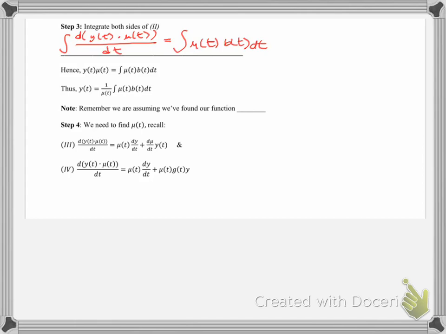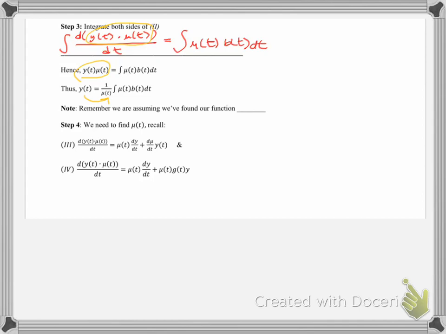Remember, the integral of the derivative is just going to be whatever that expression is there, right? So that left-hand side simplifies to y of t times mu of t, and it equals the integral of mu of t b of t dt. So then just divide both sides by mu of t, and y of t will equal 1 over mu of t times the integral of mu of t times b of t dt.